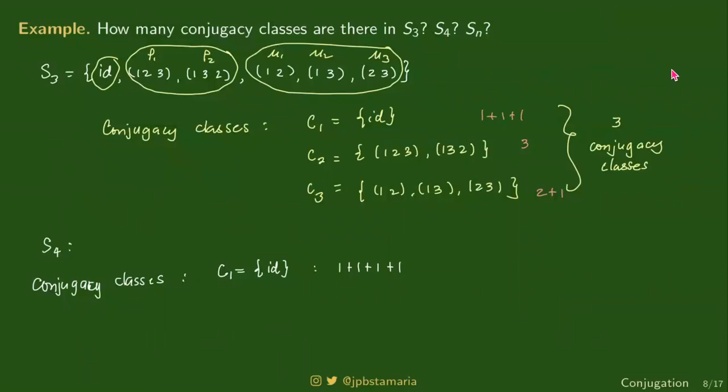And then, class 2, ano yung gusto nyong class 2? Well, pwede yung mga 2 cycles, no? Yung mga 2 cycles can be written as 2 plus 1 plus 1. Kasi yung dalawa lang gumagalaw, yung other 2 are fixed.